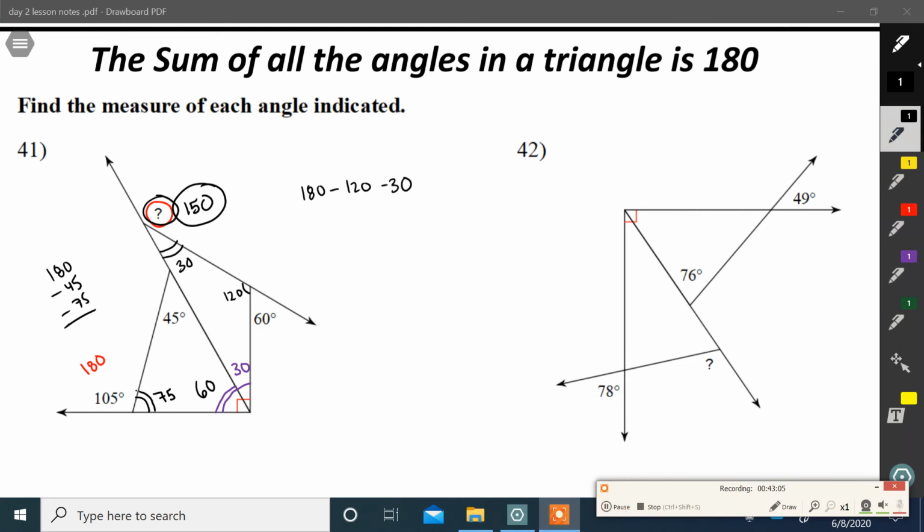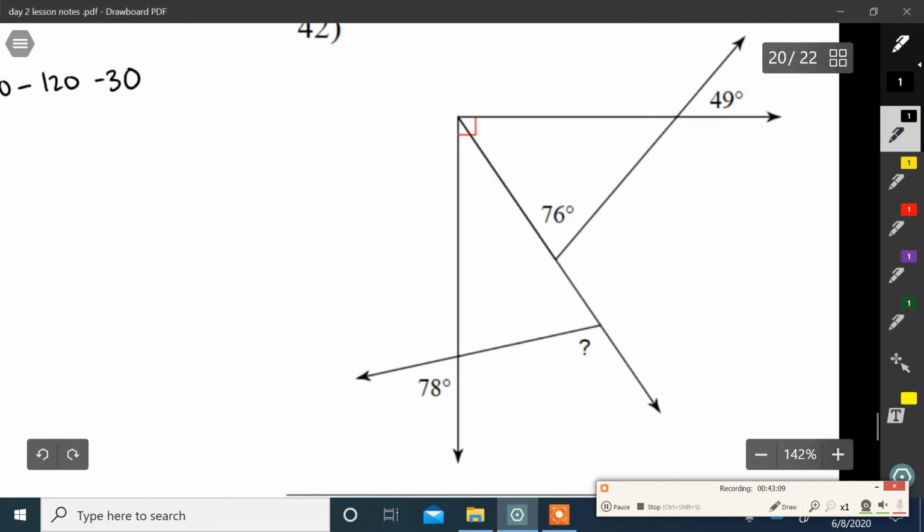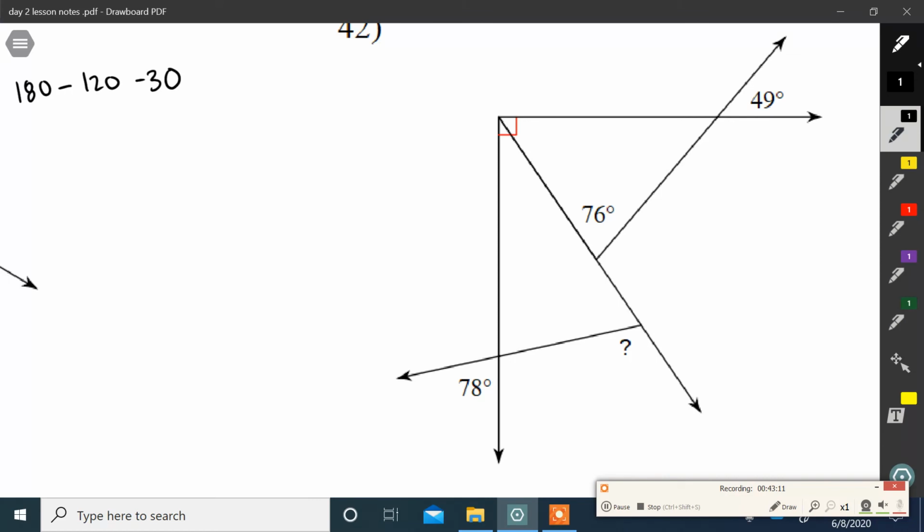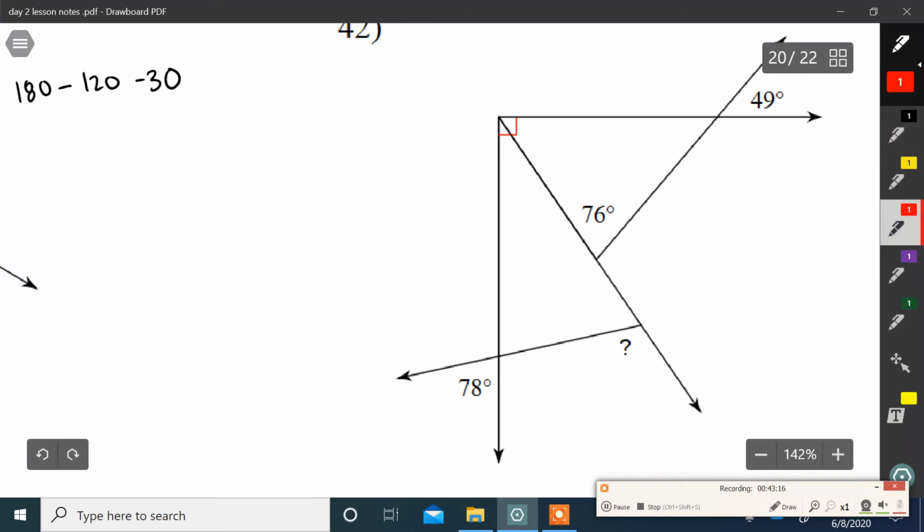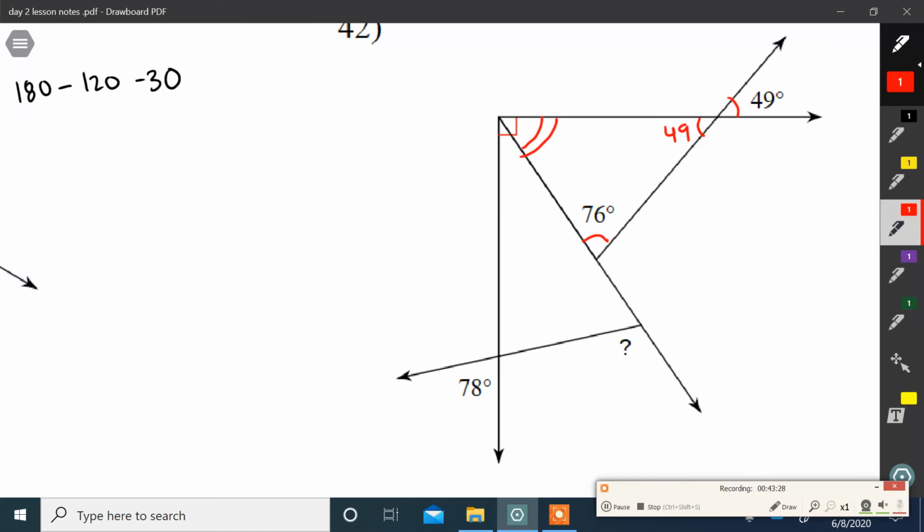Alright, so as you can see guys, those problems are a little bit more difficult. But it's all about using everything that you know to figure it out. Okay, so we got this is 49, so will this right here. If this is 76 and this is 49, I can easily find this because I know that all of those angles add up to 180.